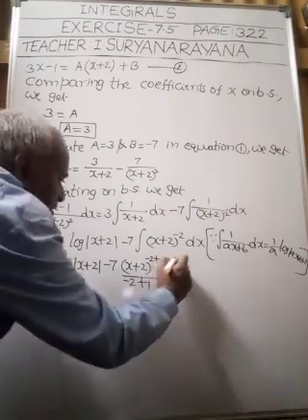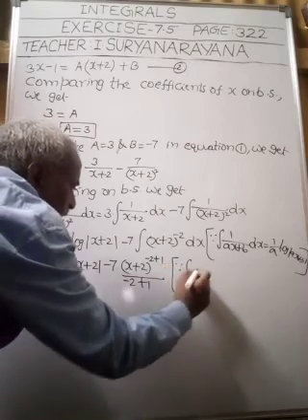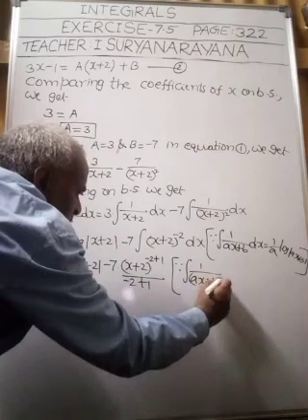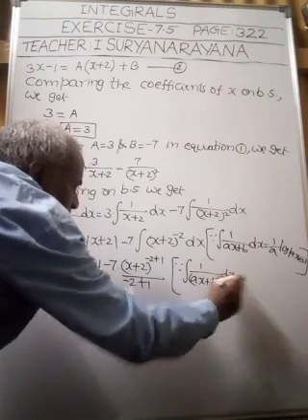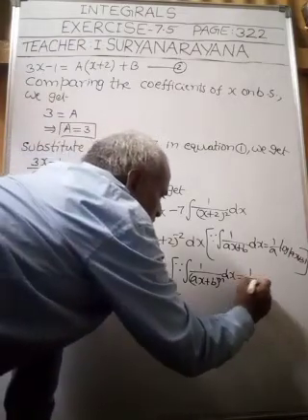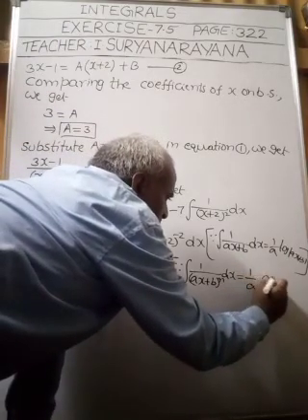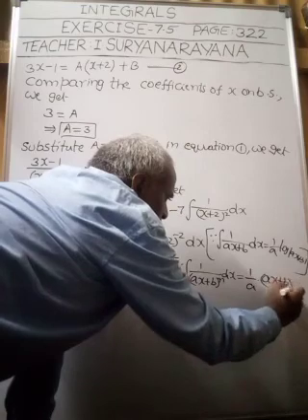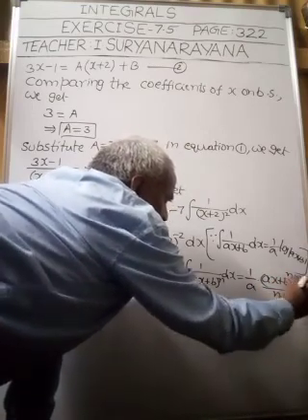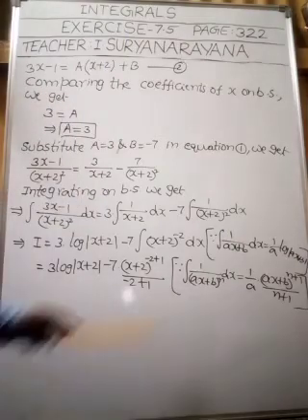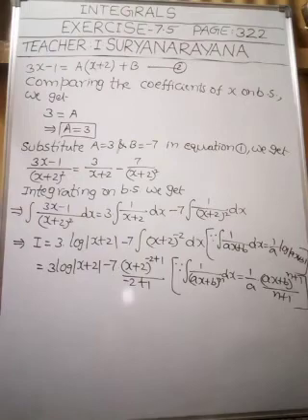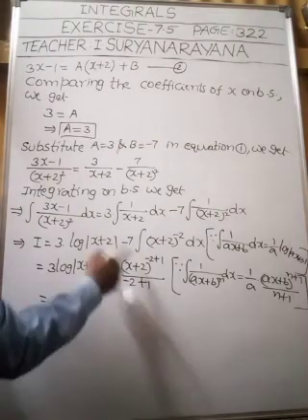Okay, my children, because the integral of (ax plus b) whole power n dx is equal to 1 by a into (ax plus b) whole power n plus 1 by n plus 1. By using this integral formula, we wrote this second term. Okay, my children, understood this one? Right. So the integration part is over.